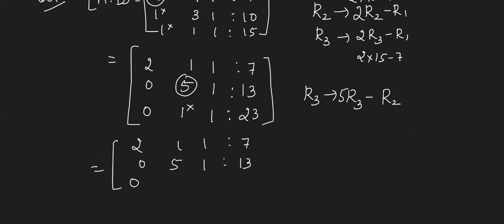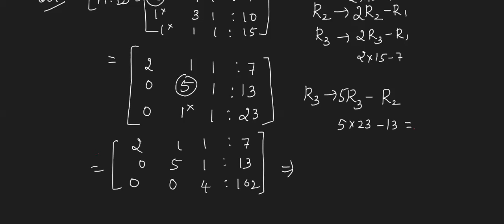This is 0. This will also be 0. Next, this is 1 and 1, so 5 minus 1 is 4. 23 and 13, so 5 into 23 minus 13 is how much? 102.